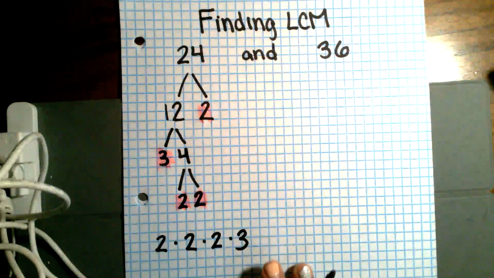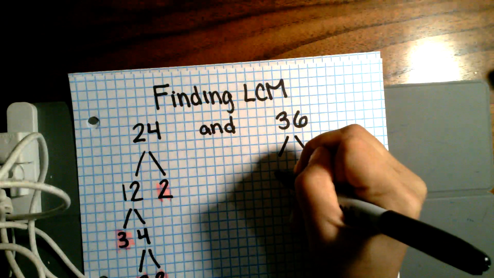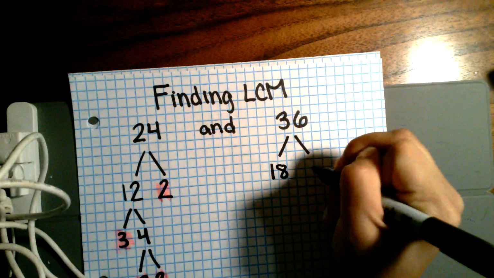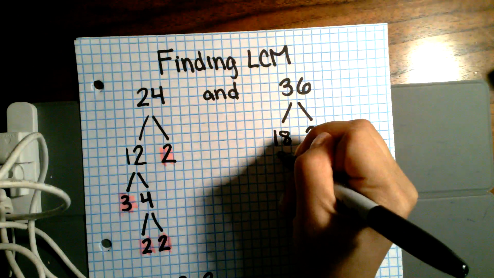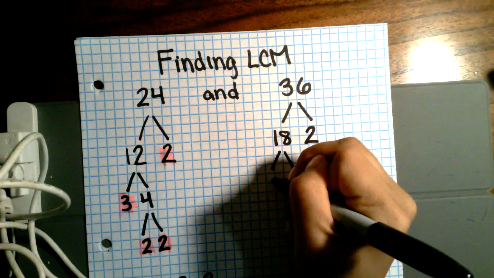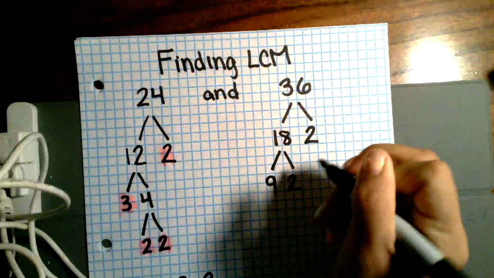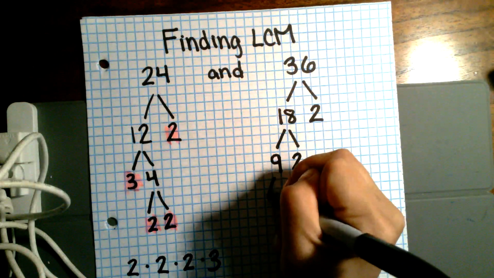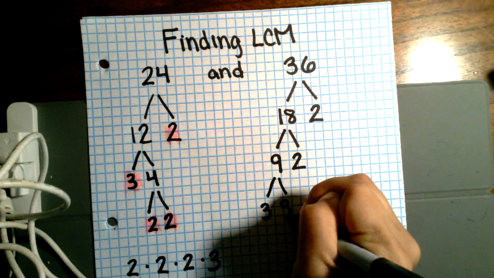Okay, and then 36, we could start with, let's say, 18 times 2. 2 is all done. 18, we could do 9 times 2. 2 is all done. And then we could have 3 times 3.